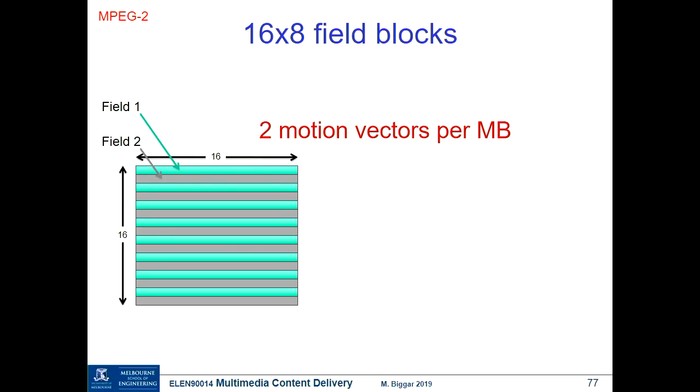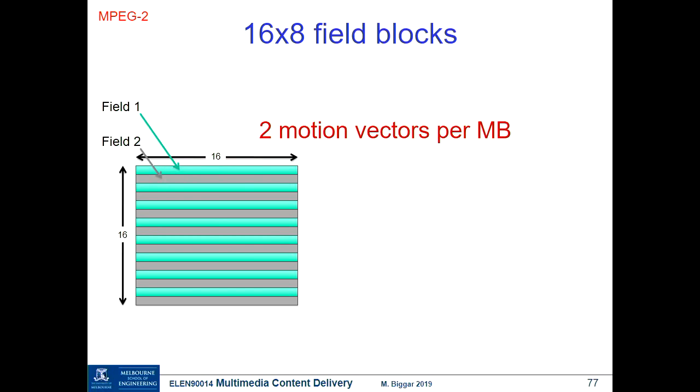If we encode that 16 by 16 array as one, and it was essentially a still image, sorry, not progressively scanned because I've got separate fields, but the object had not moved between the two fields, is what I'm trying to say. So it came from a film, original. Then there would be very good correlation between this scan line and this scan line, right? And between this one and this one. And that's what we exploit using the DCT.